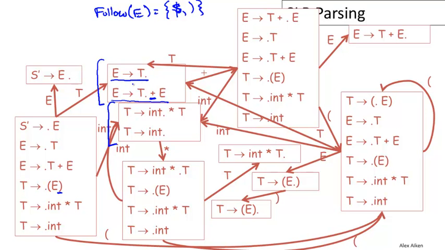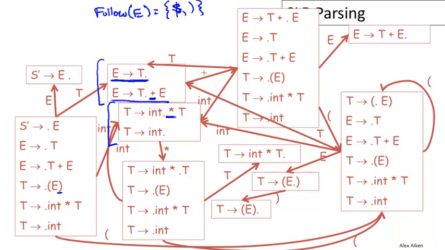So what that means is that in this particular state, we are going to reduce if either we're out of input or if the next token in the input is a closed paren, and we'll shift if the next token in the input is a plus, and in any other situation, we will report a parsing error. And so there's no longer any shift-reduce conflict in this state, and there's always a unique move for every possible input.